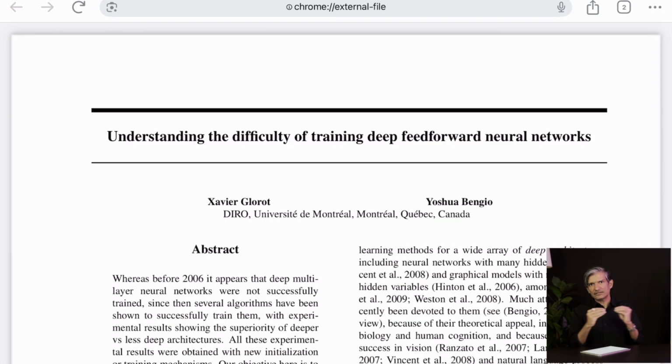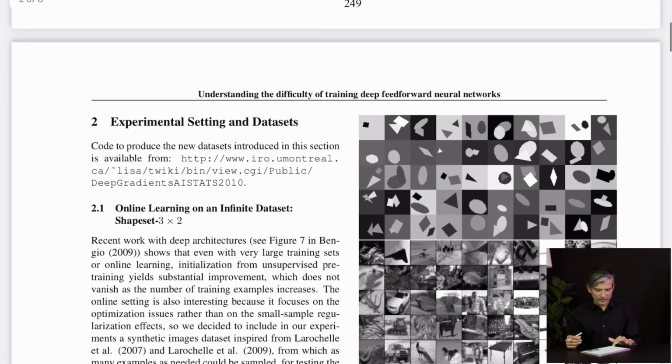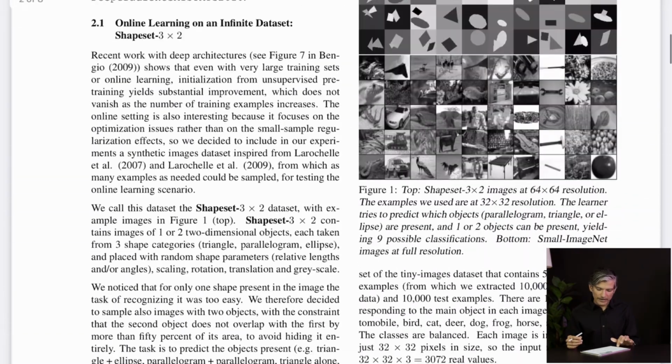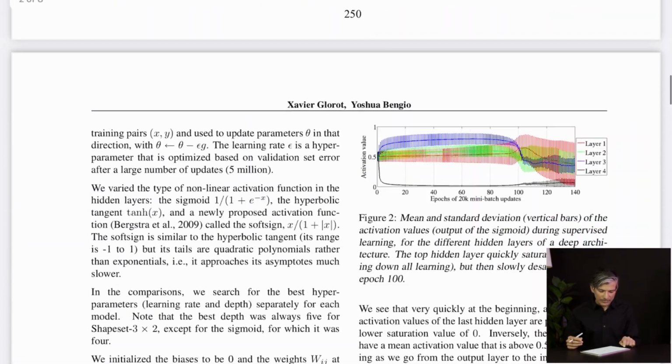So why training these deep neural networks is difficult, and how can you do proper weight initialization. And it's a very cool paper, very easy to read. I would recommend you read this.